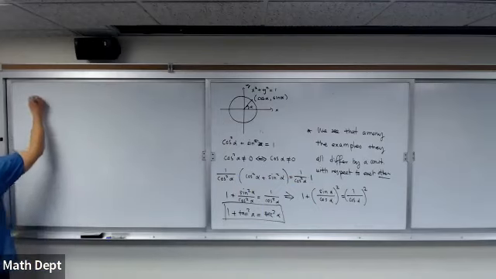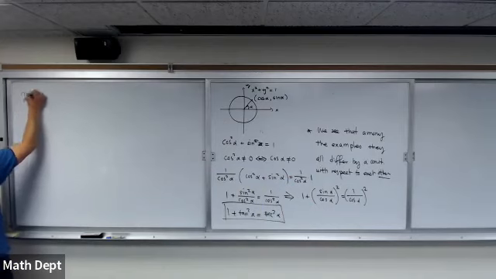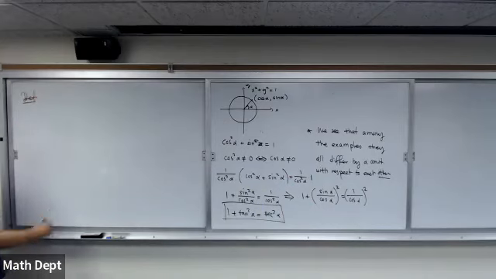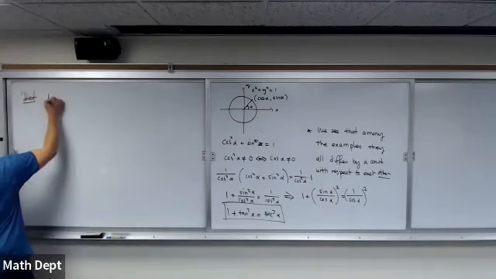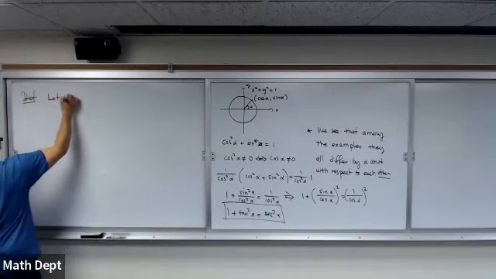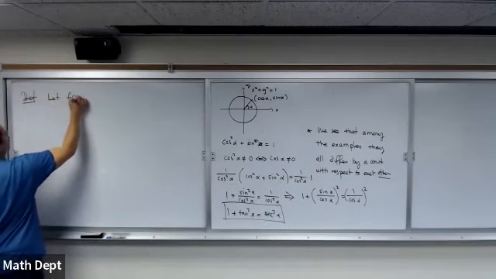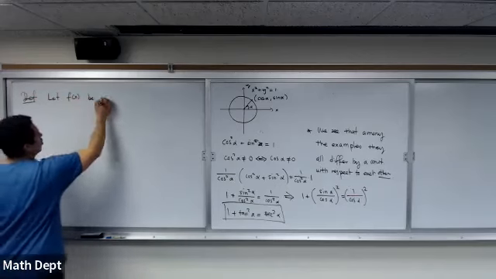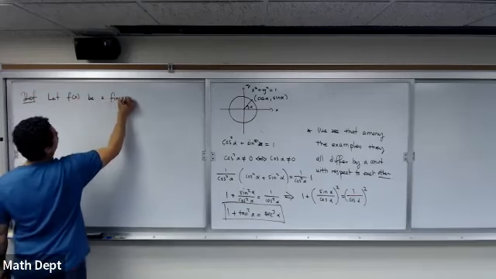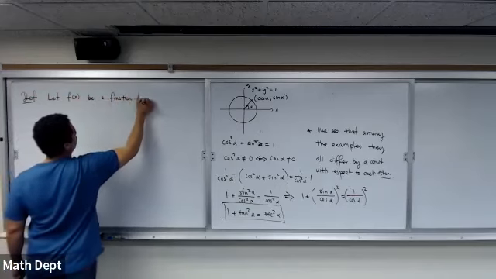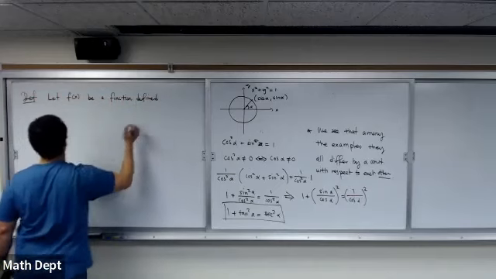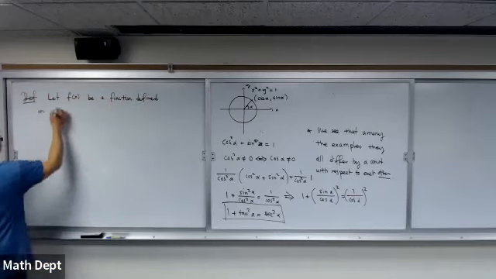So we start like this. Definition. Let f of x be a function defined on an interval AB.